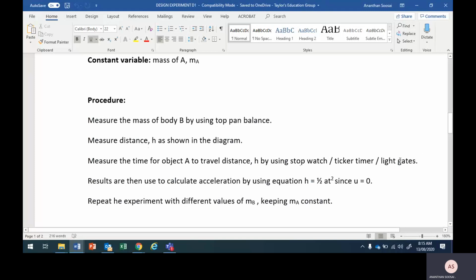Stopwatch, timer, light gates: stopwatch or light gate. Time interval, 1 mark for the instrument. Results are then used to calculate acceleration, h equals half a t squared since u is 0. Repeat the experiment with a different value. The equation to calculate your a gets 1 mark.